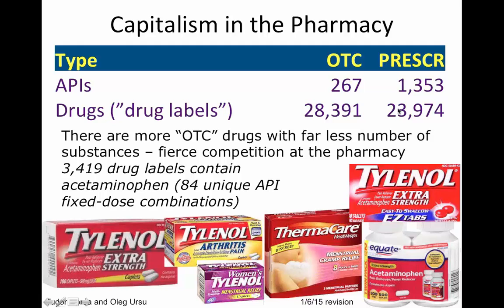And I call this capitalism in the pharmacy. There are more than 3,000 packages that contain acetaminophen. It's just mind-boggling. I mean, between CVS and Walgreens and all these vendors of drugs, they come up with their own system.